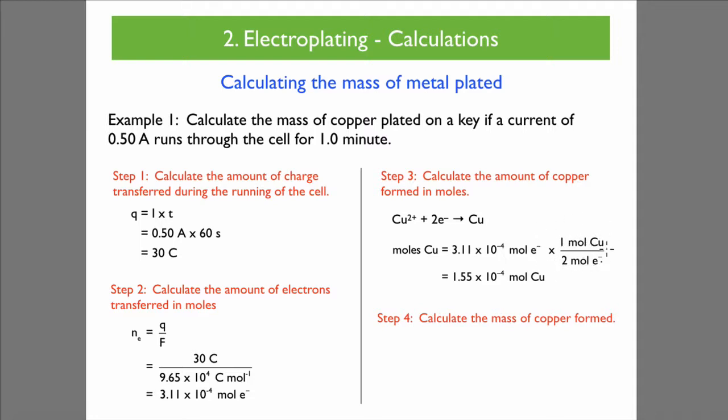So we'll use this conversion factor to calculate the number of moles of copper that we have. And finally, we can use the molar mass as a conversion factor to convert the moles of copper into the mass we have. You can see there's a bit of a mistake there. That should say moles of copper.